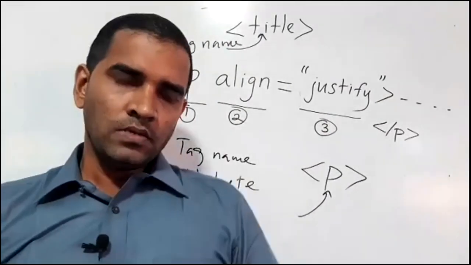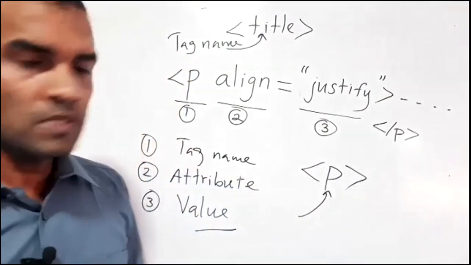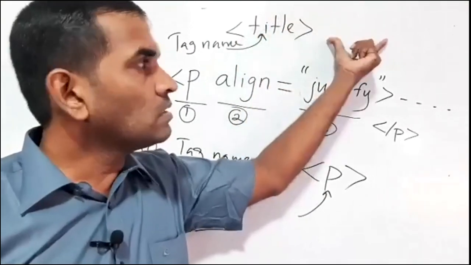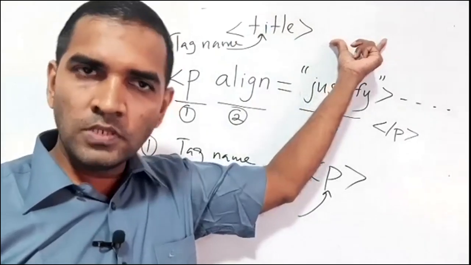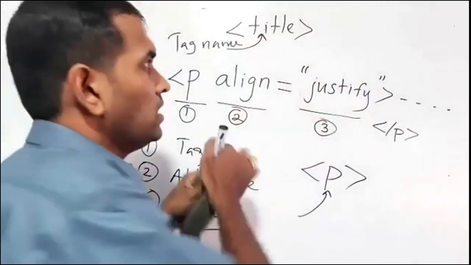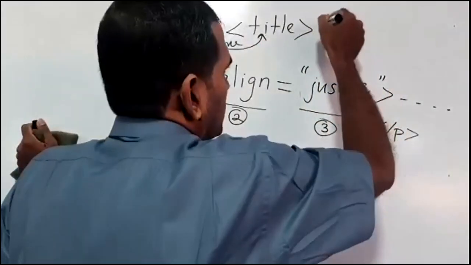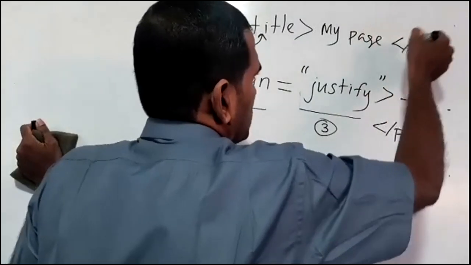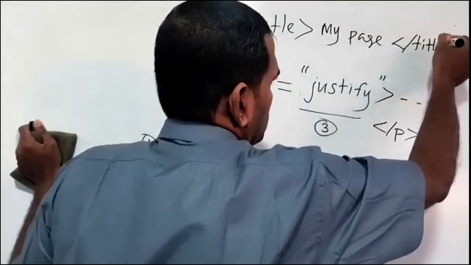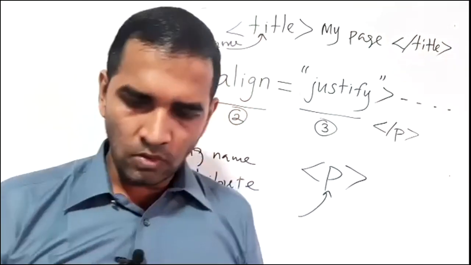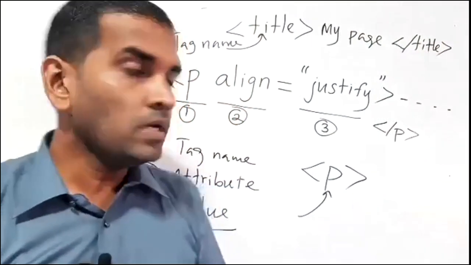But what is element? Look here. Element is a starting tag, then there should be some content, right? For example, here title, then I have to give a title, like my page, and the closing tag, title. So this entire format is called element. What is element?